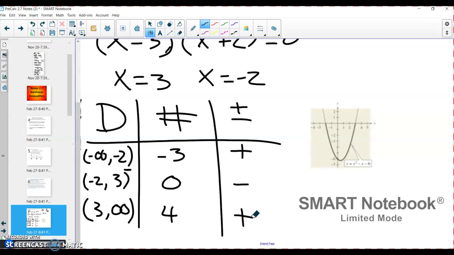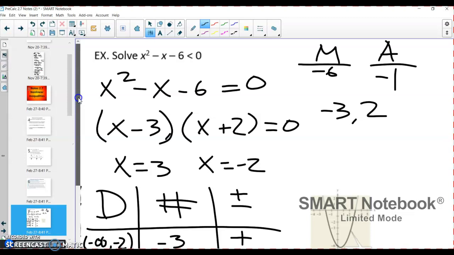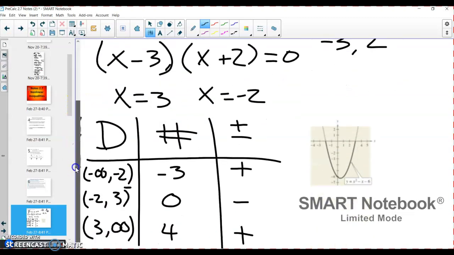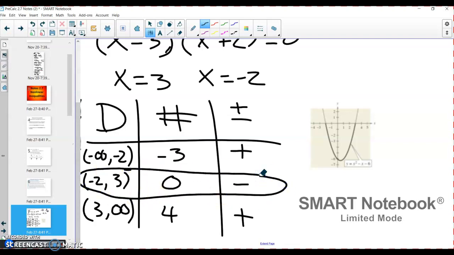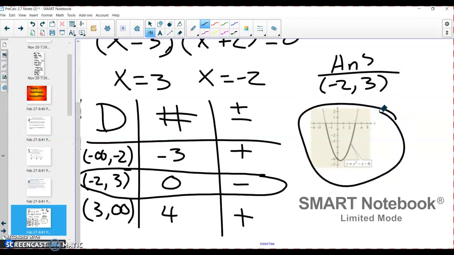Those are my answers, and what we want is everything that gives you less than 0. The only one that gets you less than 0 is the negative one, my middle one, so the answer is just the middle interval. My answer is the interval -2 to 3, and if we look at the graph, it confirms it.